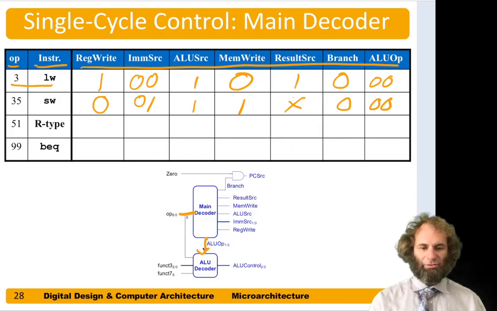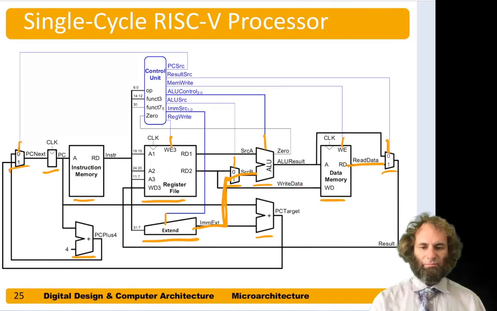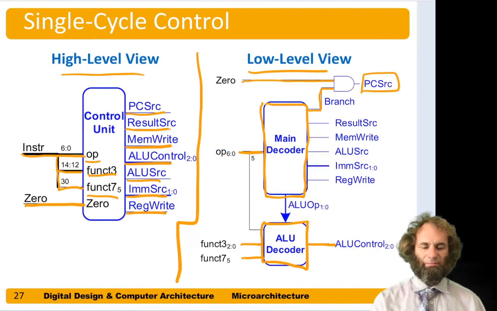For an R-type instruction, R-type instructions do write to the register file, so reg-write should be 1. IMM source, well, we're not using the immediate, so it doesn't matter what IMM source is. ALU source, this time we're taking our second source from the register file, so ALU source should be 0 instead.